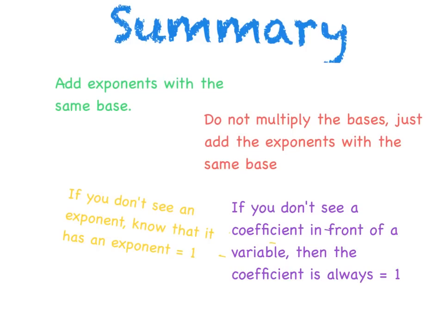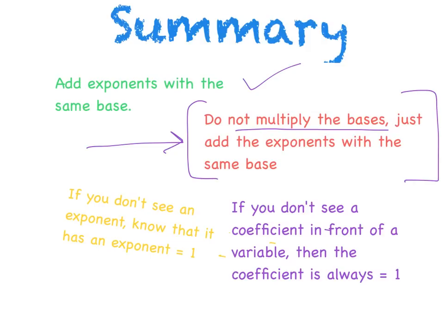Let's summarize. Our rules of exponent multiplication are to add exponents that have the same base. I'm going to caution you, do not multiply the bases. Just add the exponents with the same base. This is a really important concept. If you don't see an exponent, know that that term has an exponent equal to 1, and feel free to write an invisible 1.